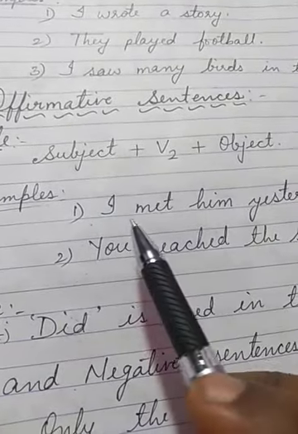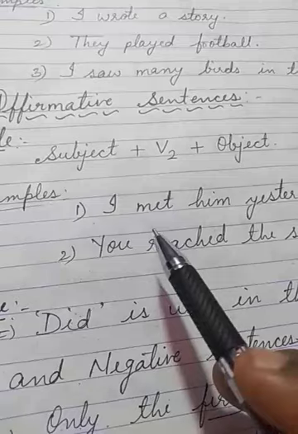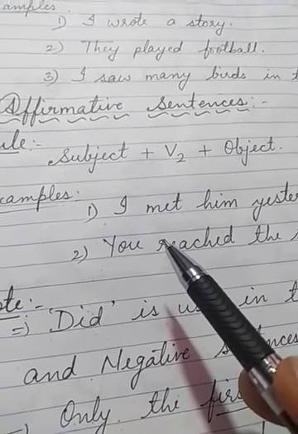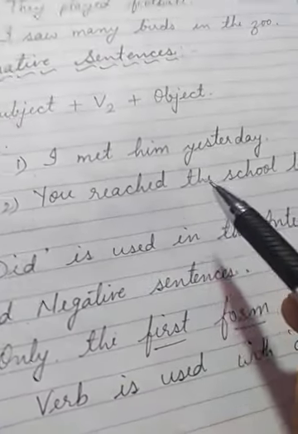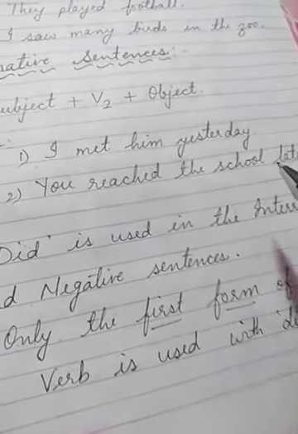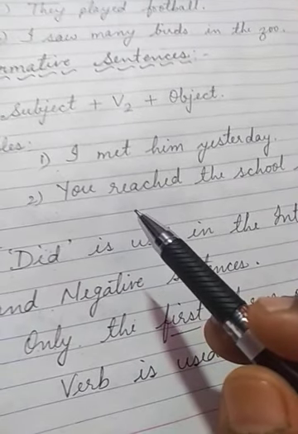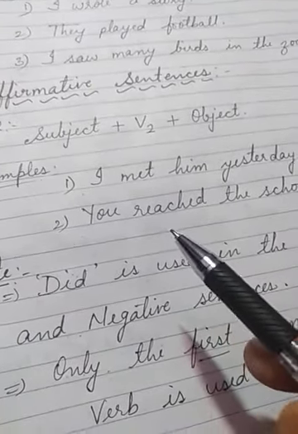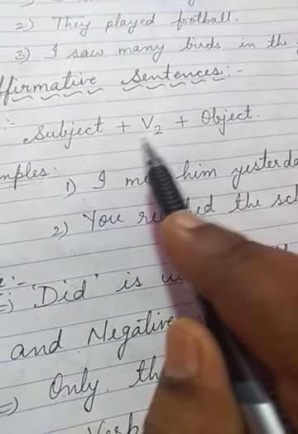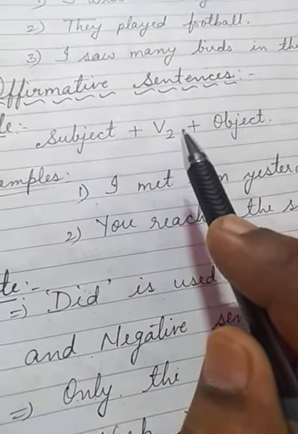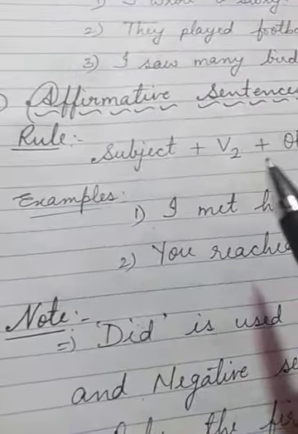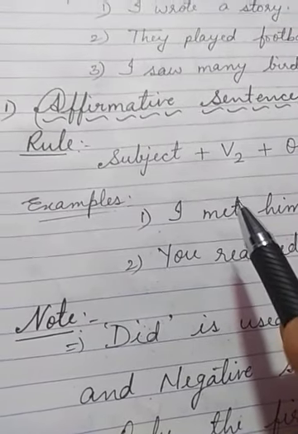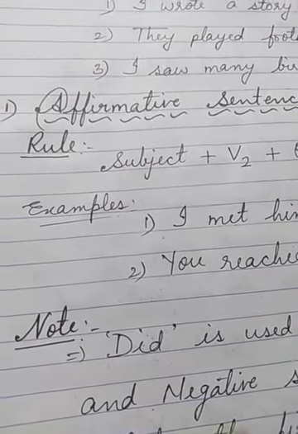Here we used met; the first form of met is meet. Second example, you reached the school late. Reach is the first form and reached is the second form of the verb. So please remember and try to learn at least 10 forms of verbs every day, otherwise you will not be able to make any sentences.